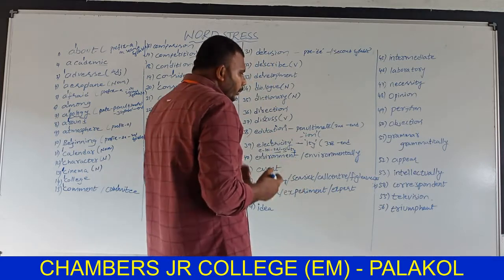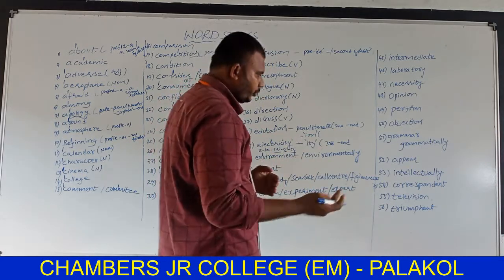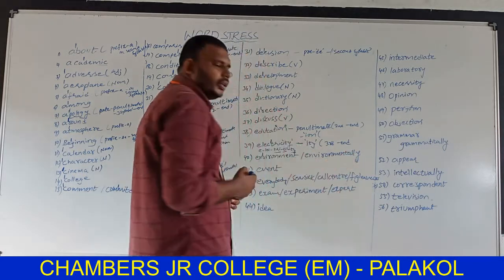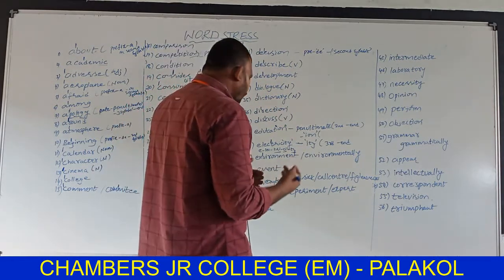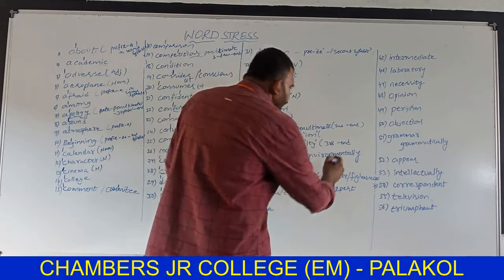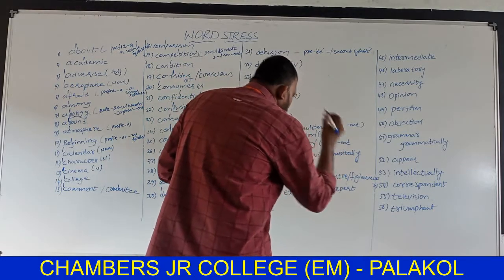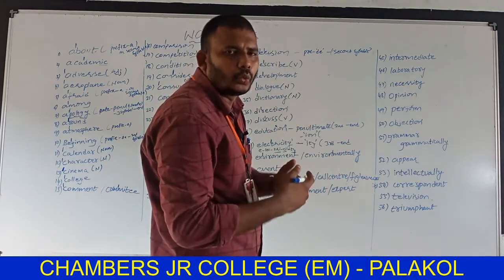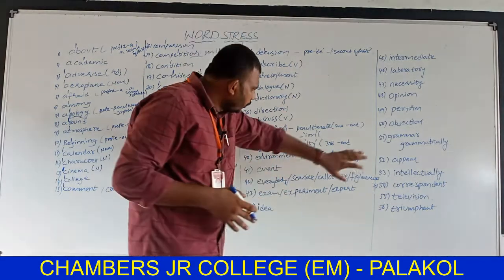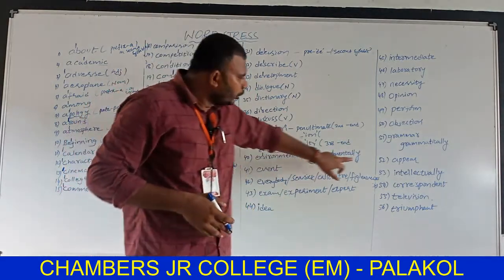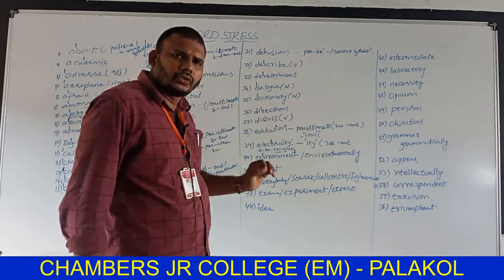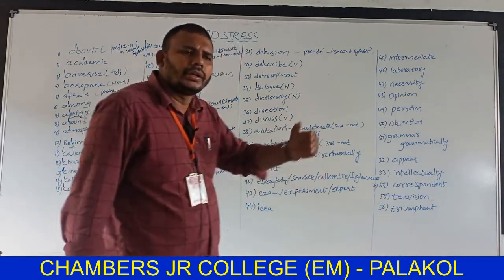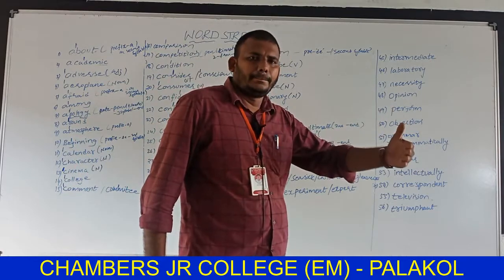No, because it has an extra suffix, T-A-L-L-Y. That's why the stress is shifted from V to M. Environmentally. So comparison is very important. You should remember these types of words. Environment takes stress on V and environmentally takes stress on M.